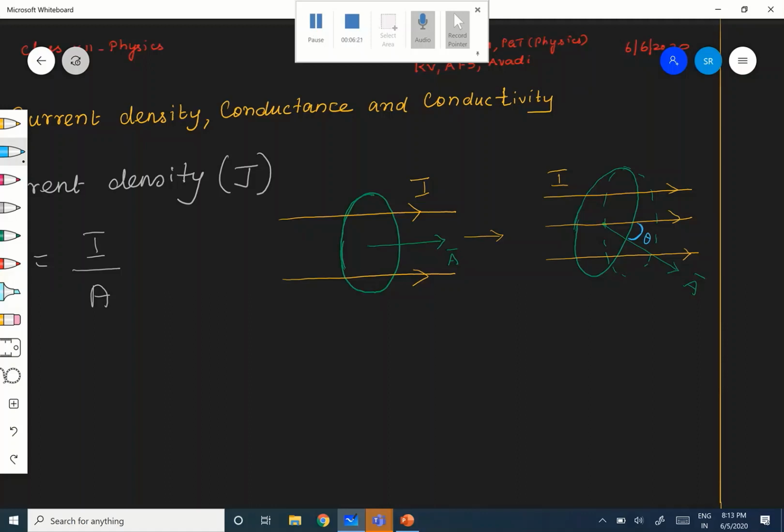Very important is the area should be held normal to the current. Therefore, only the component of area vector that is normal here, in this direction, is A cos theta. Correct? A cos theta will be in this direction.